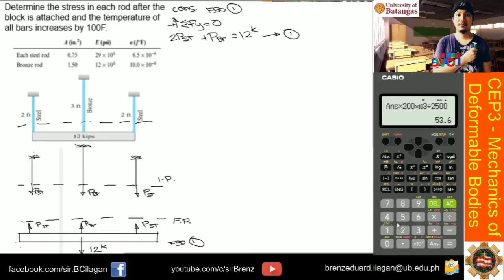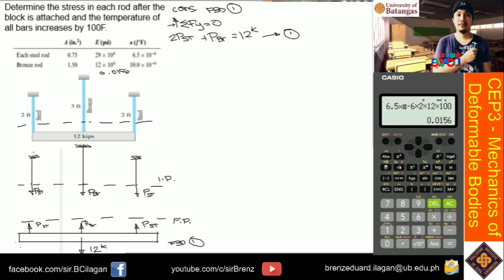Unahin natin si steel rod. So we have 6.5 times 10 to the negative 6 alpha times the length of the steel, which is 2. So i-multiply ko na lang ng 12 to make it in inches. And then delta T, so times 100. Okay, so ito is 0.0156.